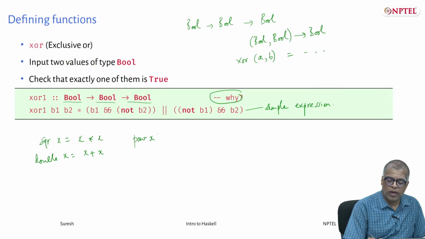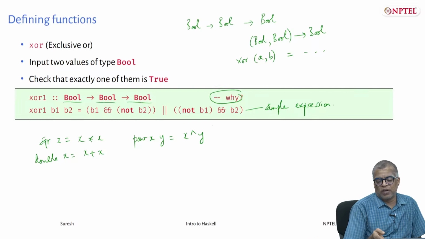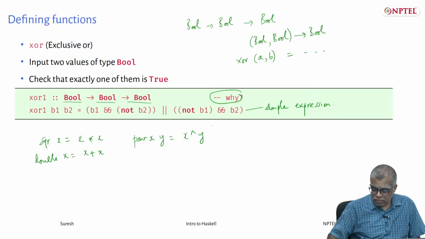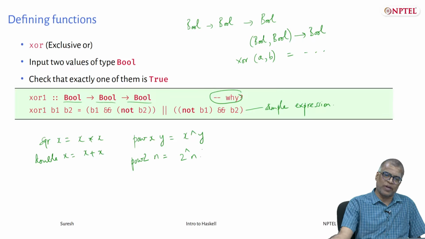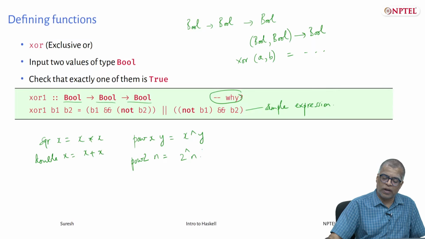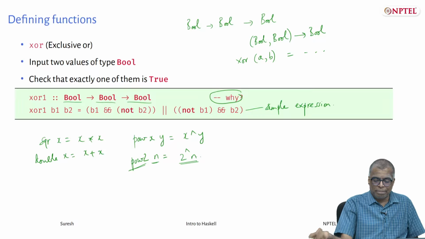Power of x y equals x to the power y. Though in this case you do not gain much by defining this power function, because there is an inbuilt operator for that. Or you could say power of 2 n equals 2 to the power n. This is raising 2 to the power n. You could write functions like this. These are simple expressions, and you have the function name here, the argument name here, and just the body here.